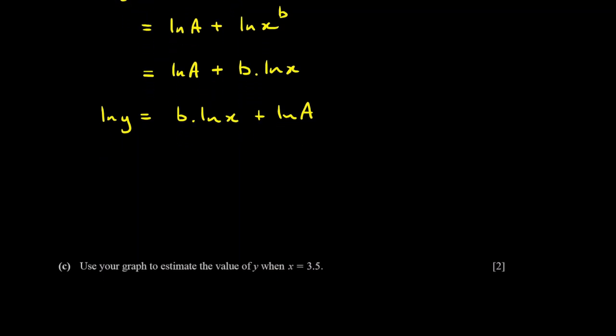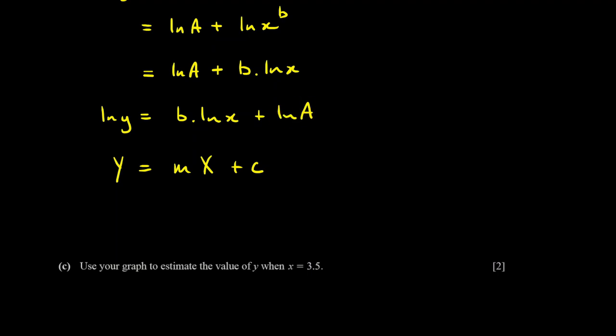Now, what is this? Well, b is a constant, remember, and a is a constant. That means that ln a is a constant. So we can rewrite our equation here as Y is equal to mx plus c, where our capital Y variable is ln y, our capital X variable is ln x, and our gradient m is given by the constant b, and our y-intercept c is given by ln a.